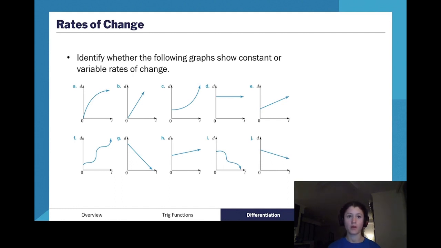So, part A is a variable rate of change, B is constant, C is variable, D is constant, E is constant, F is variable, G is constant, H is constant, I is variable, and J is constant. So as you can see, all of these straight graphs are constant, and all of the curves with even a little bit of curvature, where they're not straight, are variable.